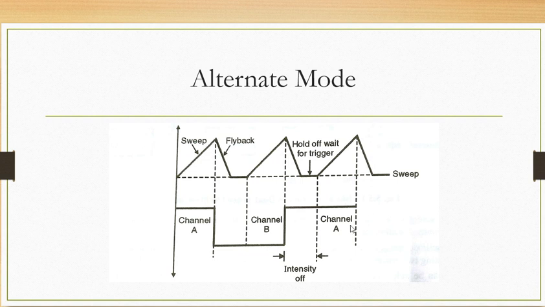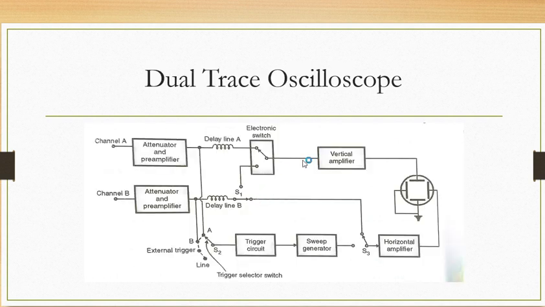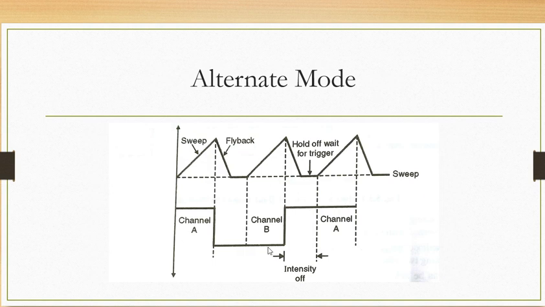This electronic switch connects channel A and channel B to the vertical amplifier. If you see here, this electronic switch connects channel A and channel B to the vertical amplifier based upon this waveform, okay. And this switch is controlled by a toggle flip-flop. I think you have seen the flip-flop, or you will study it in the microprocessor topic or digital circuit topic.